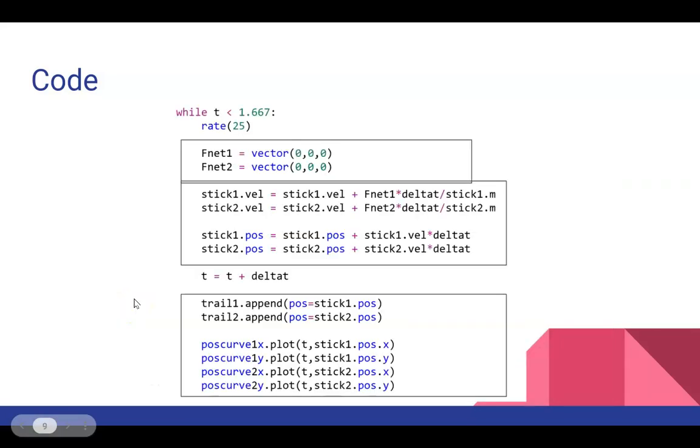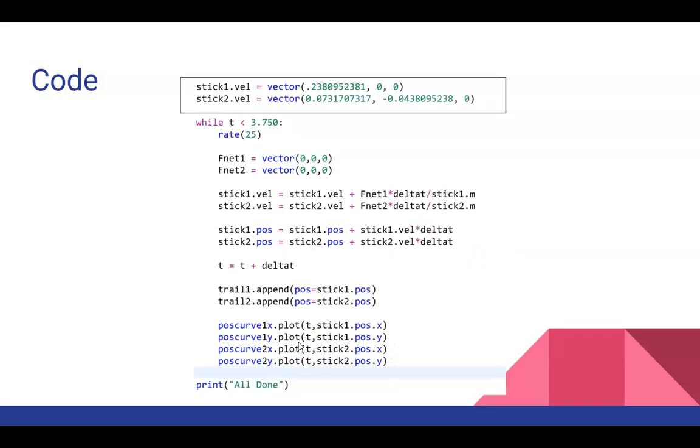For this code, it's a while loop while t is less than 1.667 because this is before the collision occurs. Fnet 1 and 2 are set to 0, 0, 0, and then we have the velocity and position update formula in the middle box, and then the bottom is the change in position in the graphs as the while loop occurs.